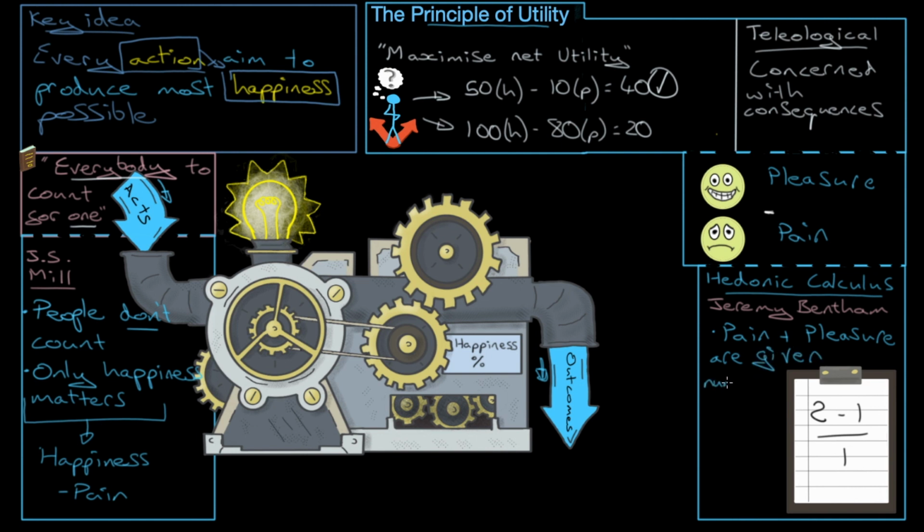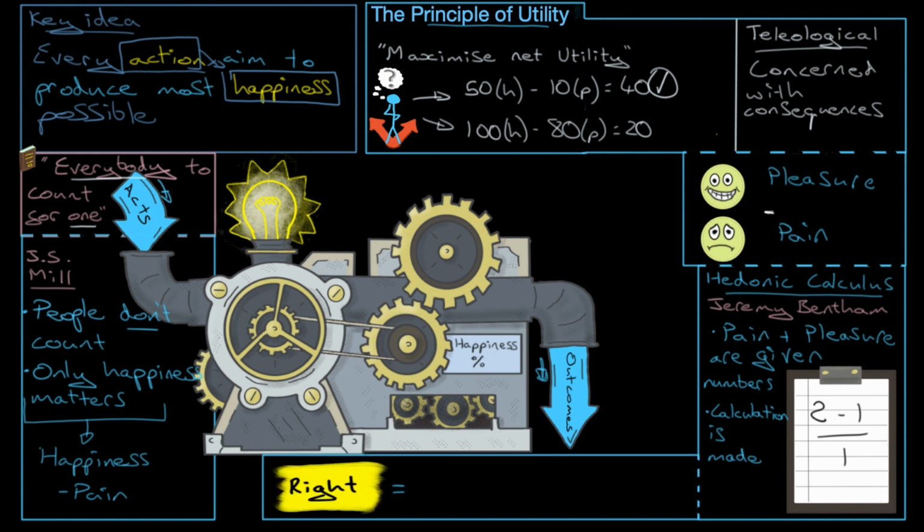Now you may be thinking that sounds arbitrary. We're going to find out in another tutorial Bentham's way of assigning this. But pain and pleasure are given numbers, and then a calculation is made. And whatever the calculation is, the one that you ought to perform.